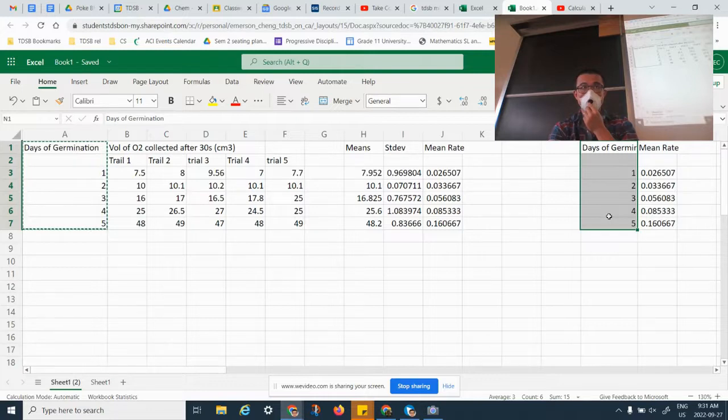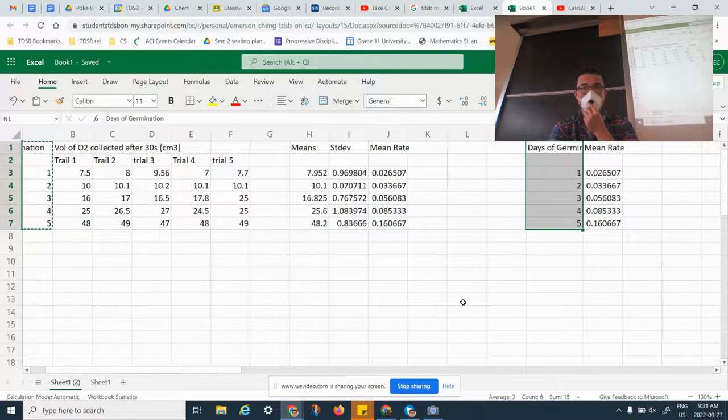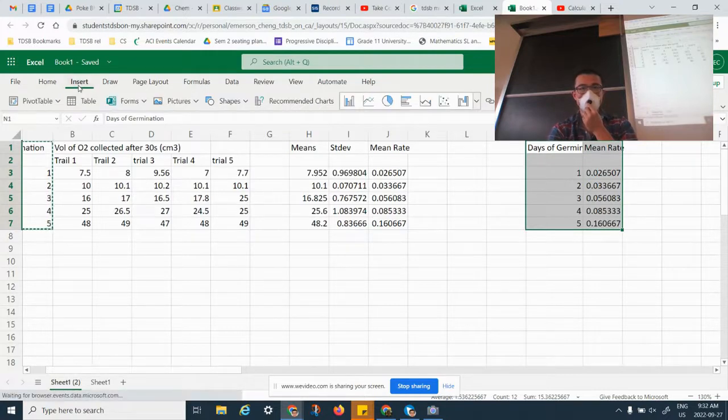Now I'm going to do a graph on an Excel spreadsheet. When you do a graph, you highlight days of germination and the other column, taking up all the cells. You go to insert, and you do charts.